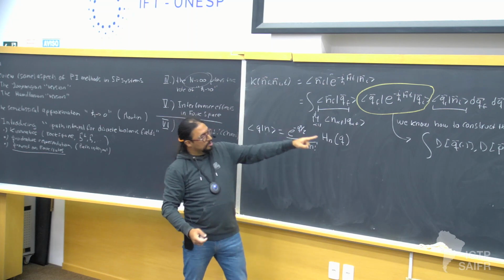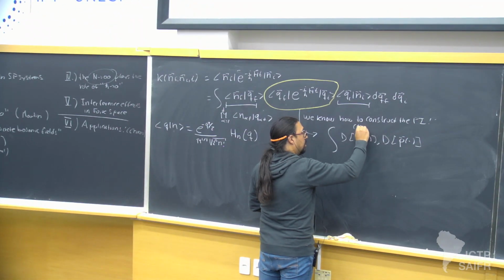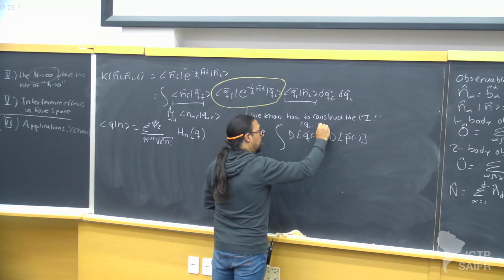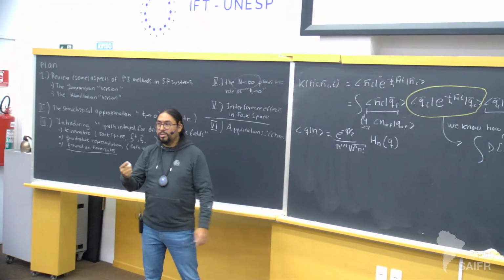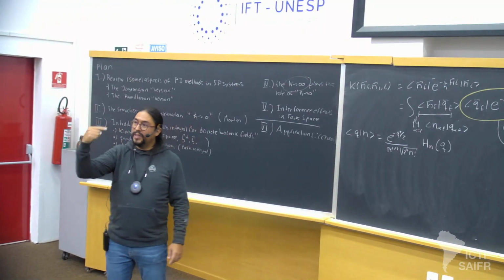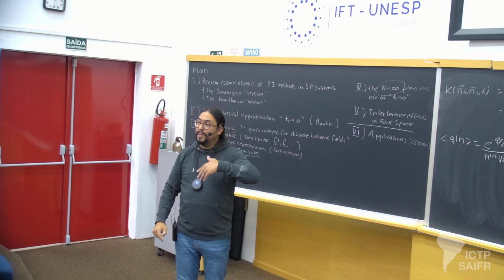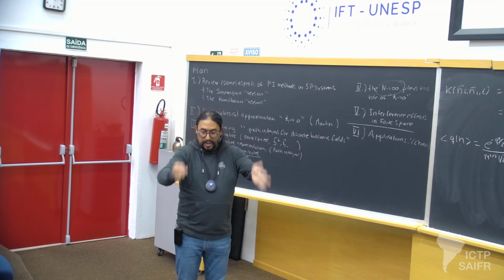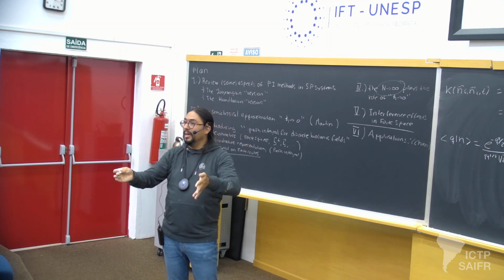So if I give you this monster and I tell you that this Q is Q1 till QD, because this is what it is, I have as many Qs as orbitals, not as particles. So even if you send the number of particles to infinity, if you keep the number of orbitals fixed, that's the number of degrees of freedom. So think about this.